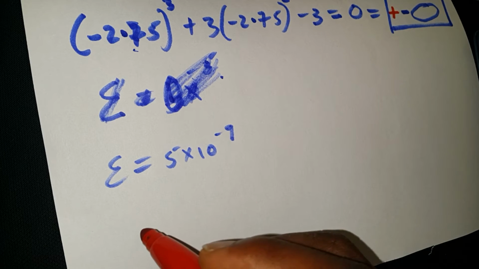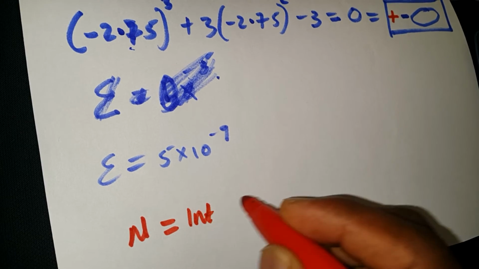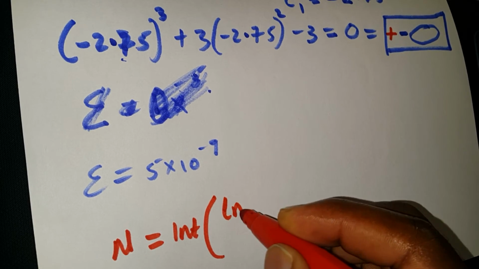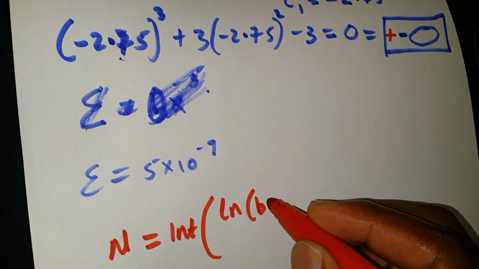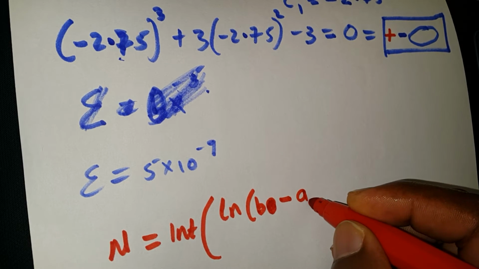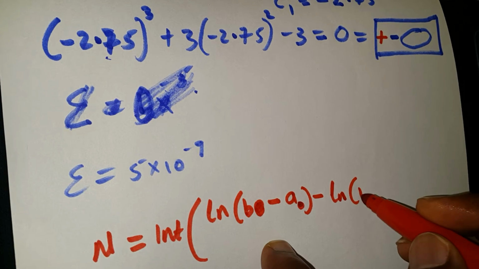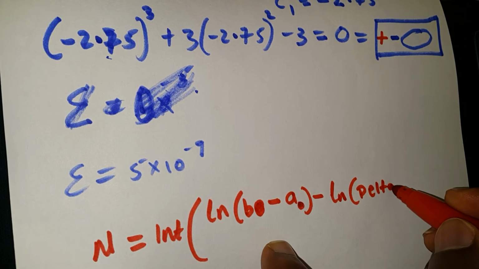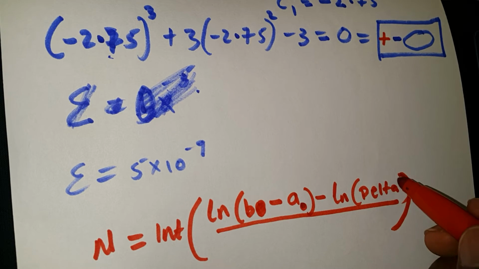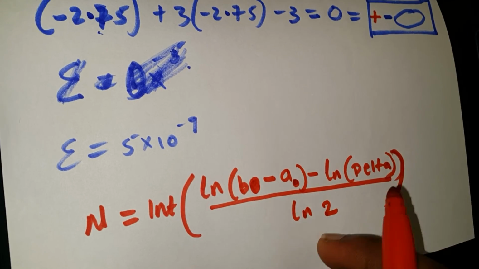We say this n is equal to the integer of, we don't actually need this, you just have to solve for ln of (b0 minus a0) minus ln delta, all over ln 2. So this is the formula for our n value.